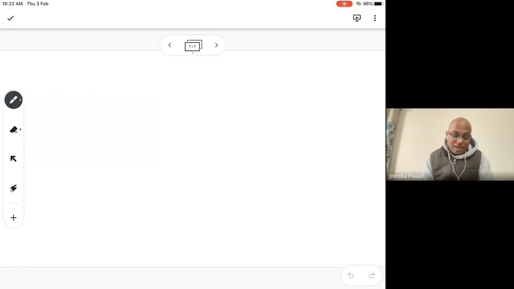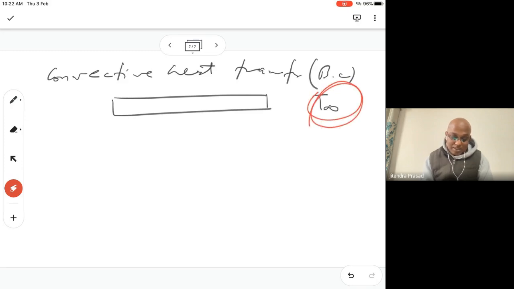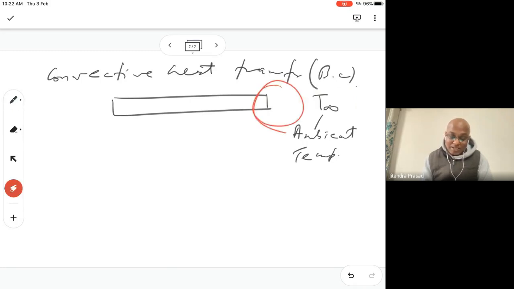Okay, you can also have the condition of convective heat transfer in terms of boundary conditions. Let us say you have T infinity as the ambient temperature, and whatever the T here is, there will be accordingly heat transfer. What kind of boundary condition can you write here?